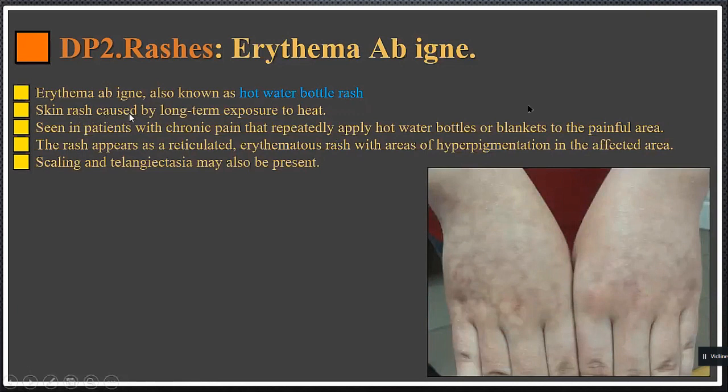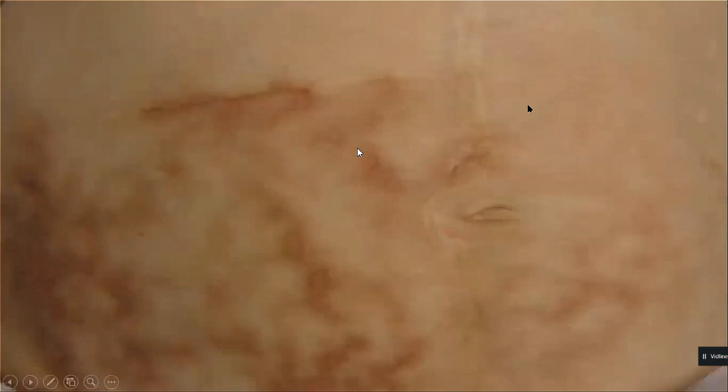The skin rash here is caused by long-term exposure to heat, seen in patients with chronic pain, which is why they use hot water. If you find in the scenario that the patient has chronic pain and this image, with a rash of hyperpigmentation, maybe on the hands or abdomen, you can choose erythema ab igne.